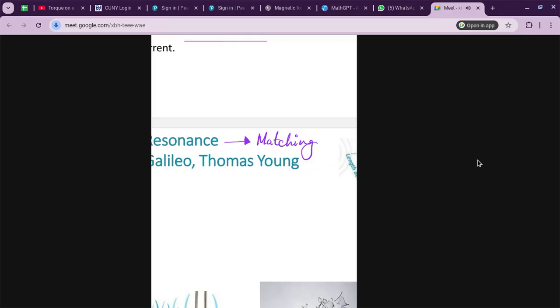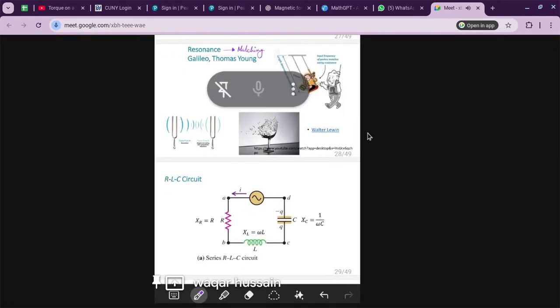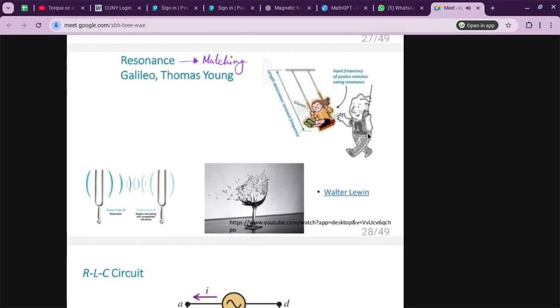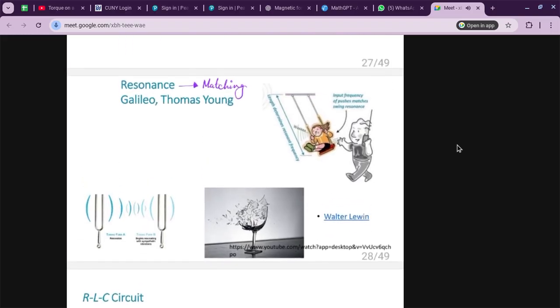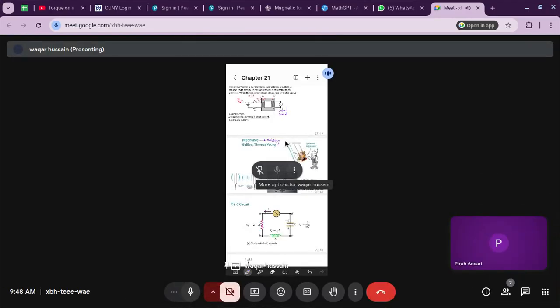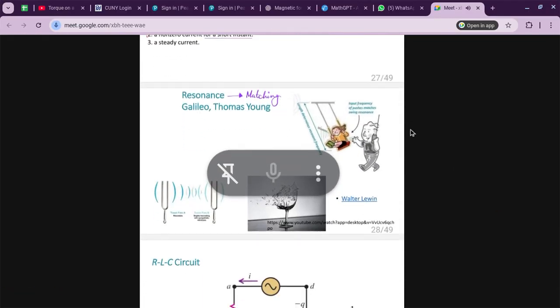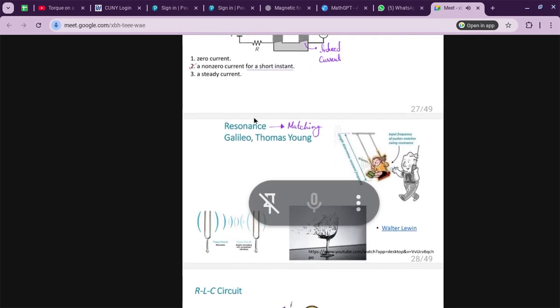Now, we know that every atom or every molecule or every particle of matter is in a motion state. The atoms of solids are vibrating about their mean position while the particles of fluids are moving freely.